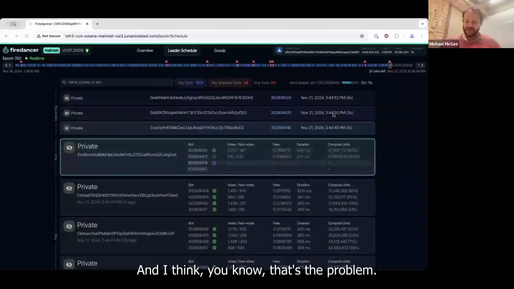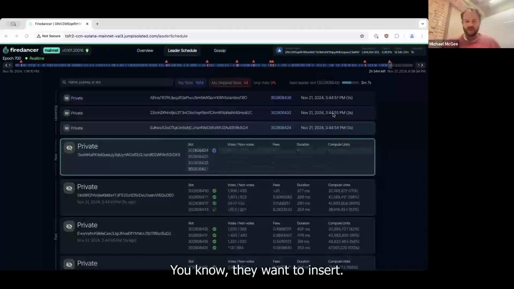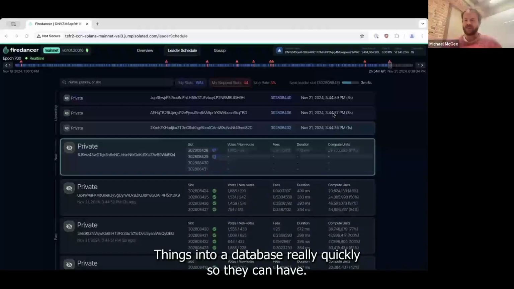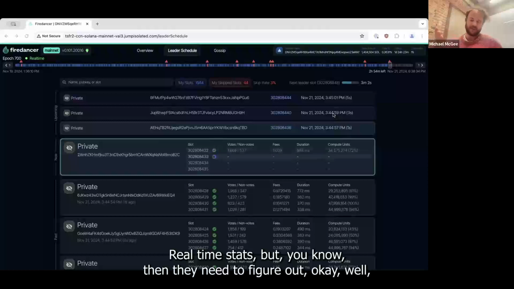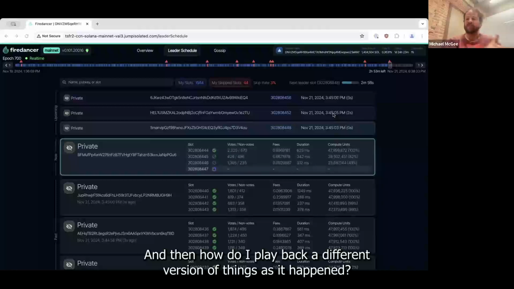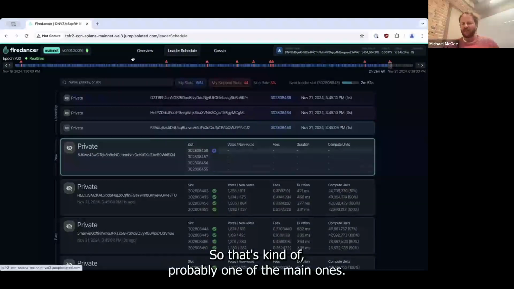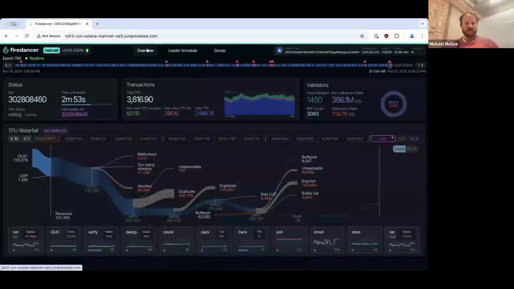And I think that's the problem the RPCs have too, where they want to insert things into a database really quickly so they can have real-time stats. But then they need to figure out, okay, how do I undo all of this if it later gets revoted? And then how do I play back a different version of things as it happened? So that's probably one of the main ones.